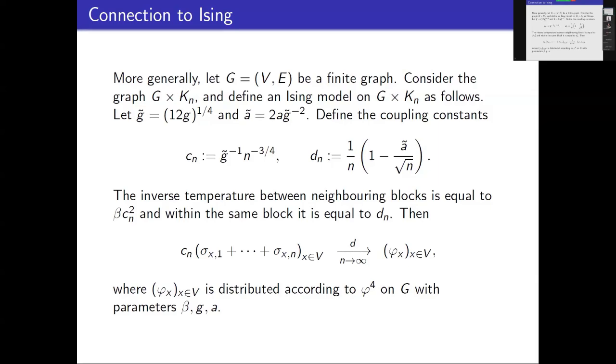If you want to get the phi-four model here, you start from Ising on this graph where you blow up each of the 4 vertices into the complete graph. So here you have Kn. And then you put all possible edges between neighboring blocks.